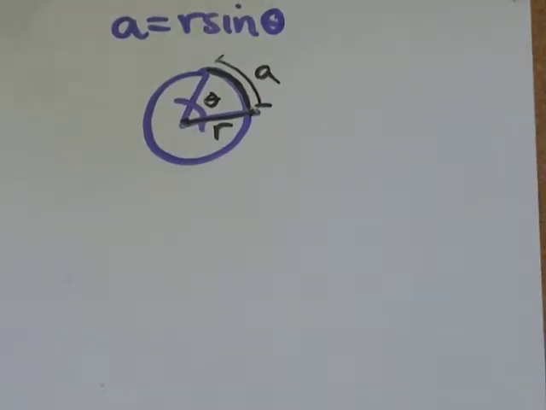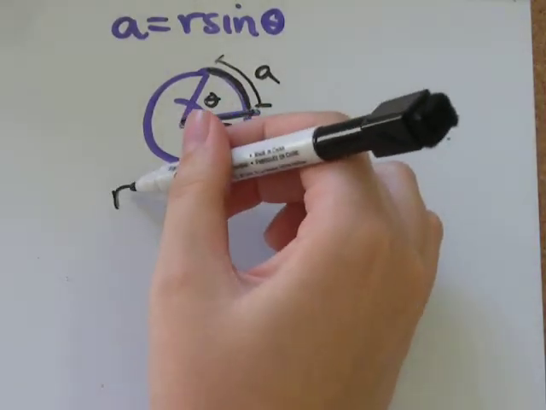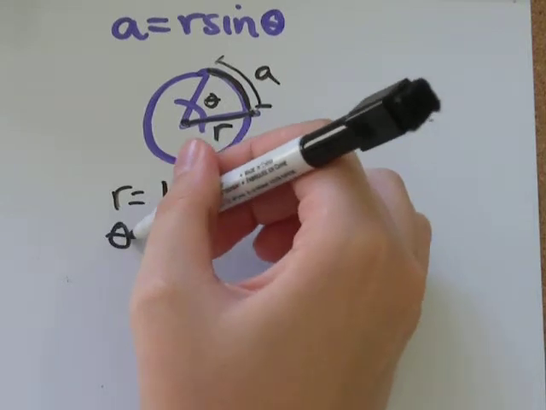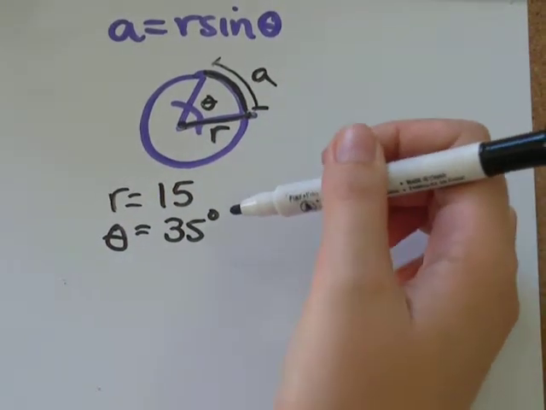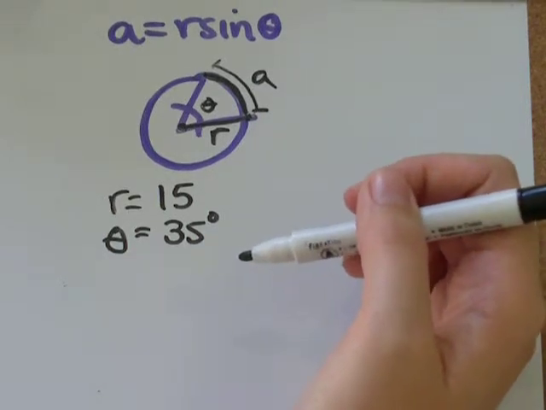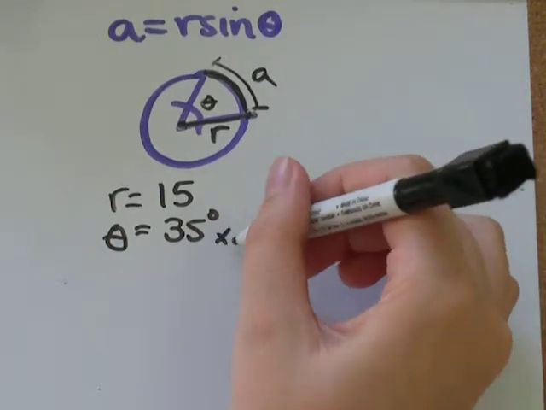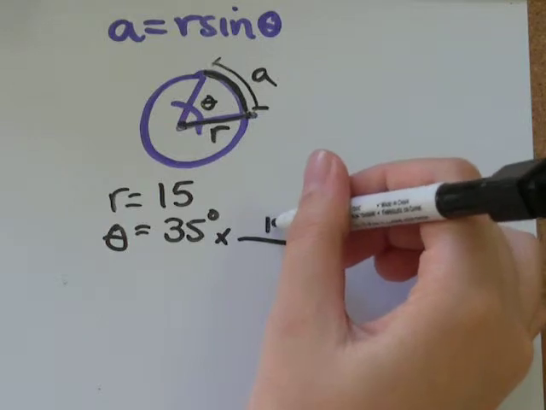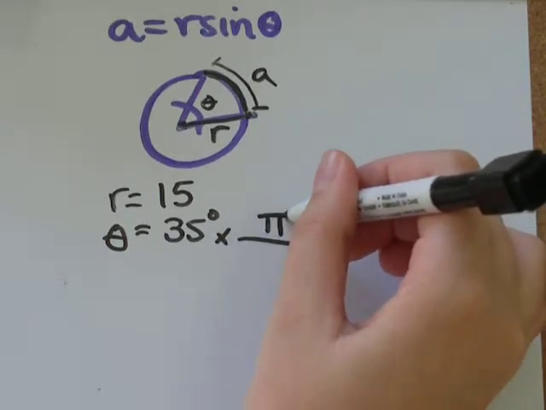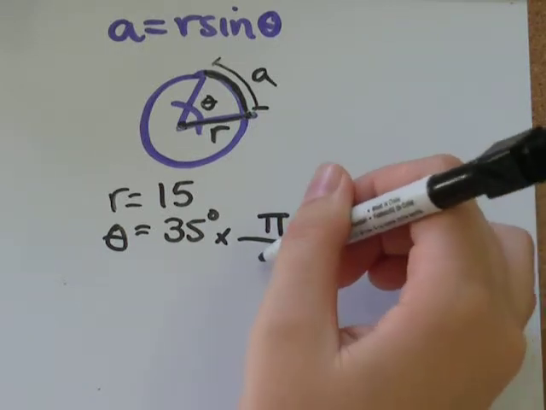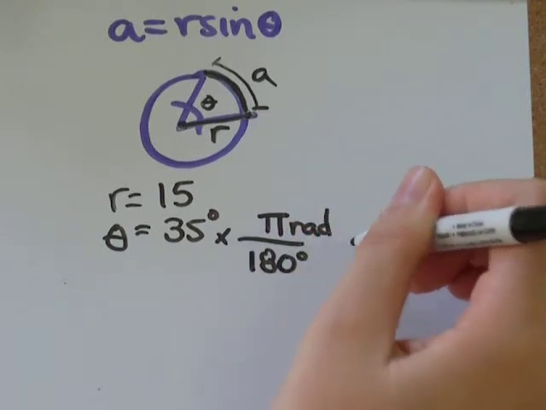So let's say we had R is equal to 15, theta is equal to 35 degrees. So to change 35 degrees into radians, we would multiply by a fraction that's equivalent to 1 over 1. We know that pi radians equals 180 degrees.